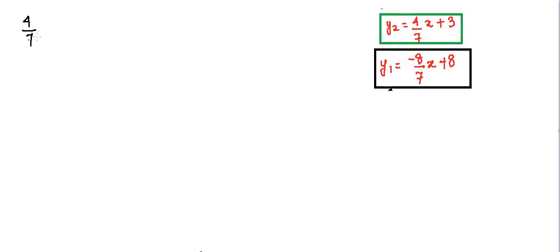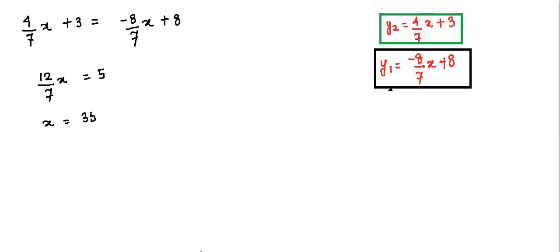This is 4 by 7 x plus 3 is equal to minus 8 by 7 x plus 8. Take this to this side. This is going to give you 12 by 7 x, which is equal to 5, and hence x is equal to 35 by 12. We have got the value of x.